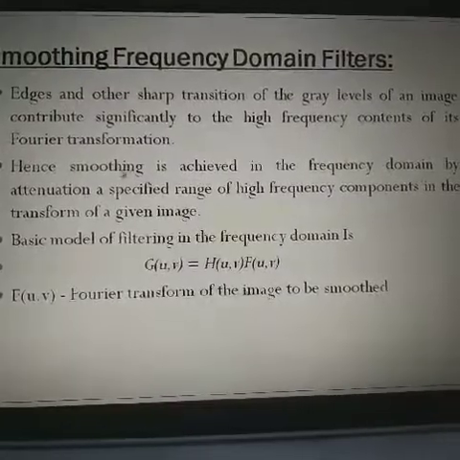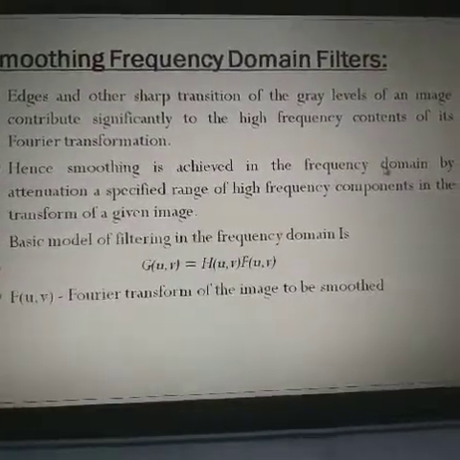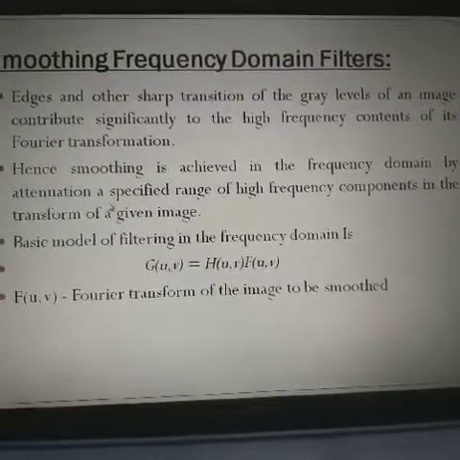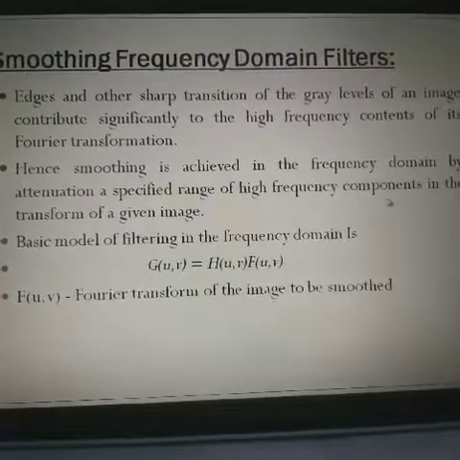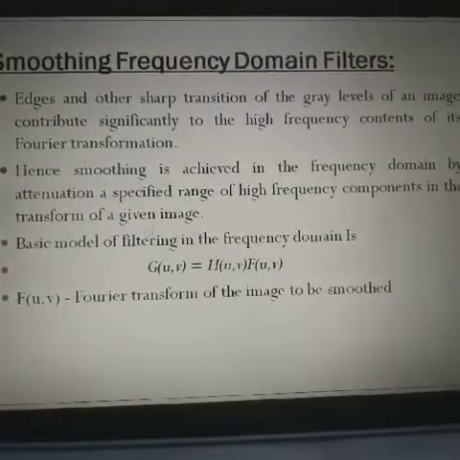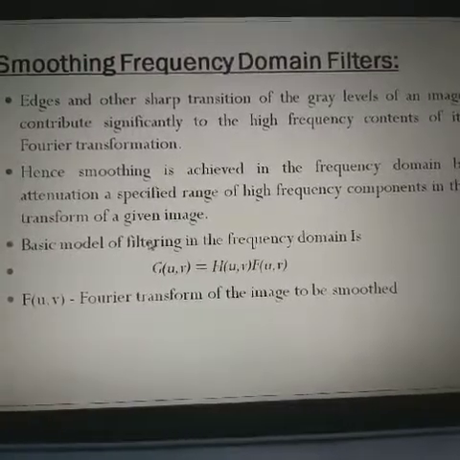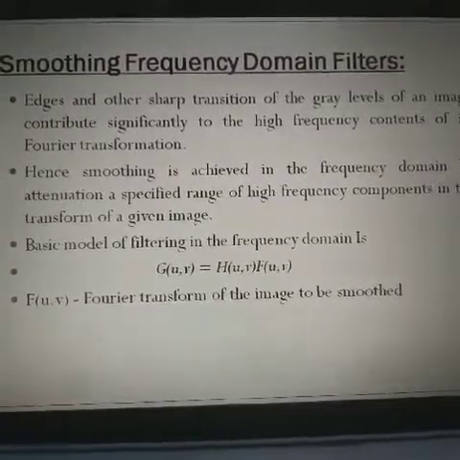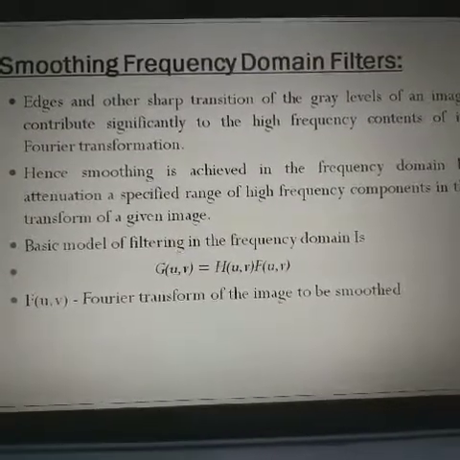So smoothing is achieved in the frequency domain by attenuating a specific range of high frequency components in the transform of a given image. Clear? By increasing the attenuation values, we attenuate a different range of high frequencies, and we get the smooth image.